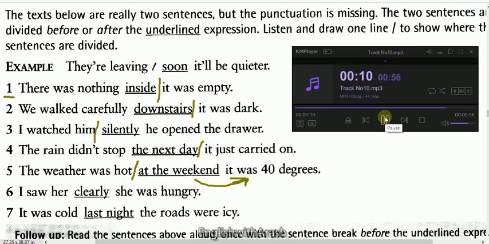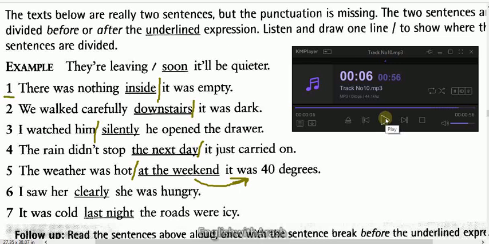6. I saw her clearly. She was hungry. 6. I saw her clearly. She was hungry. Yes, good someone. At the weekend, it's before at the weekend.